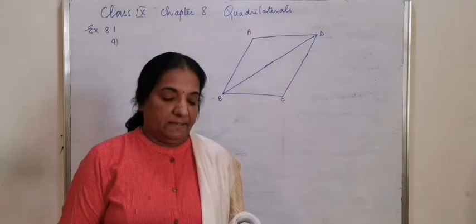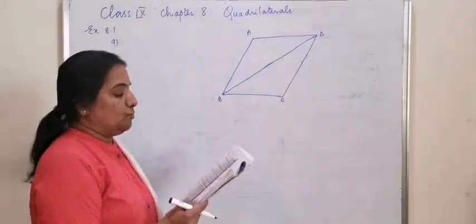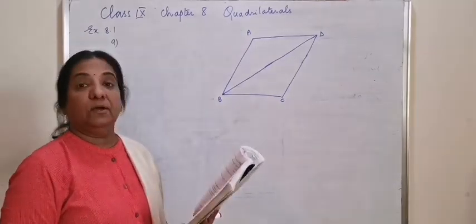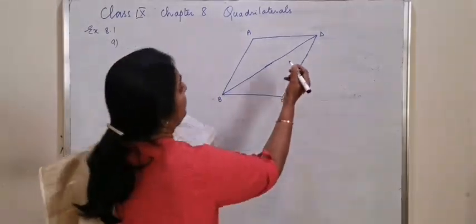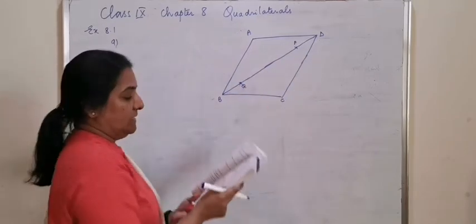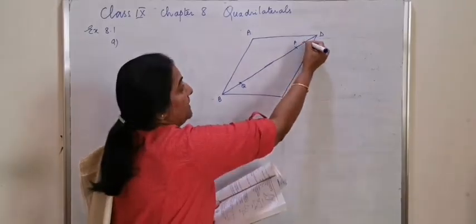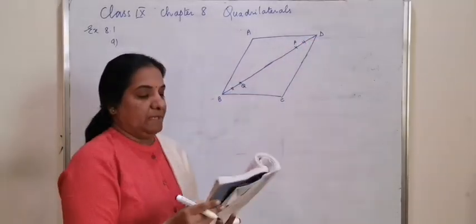Question number 9. In parallelogram ABCD, two points P and Q are taken on diagonal BD such that DP is equal to BQ.